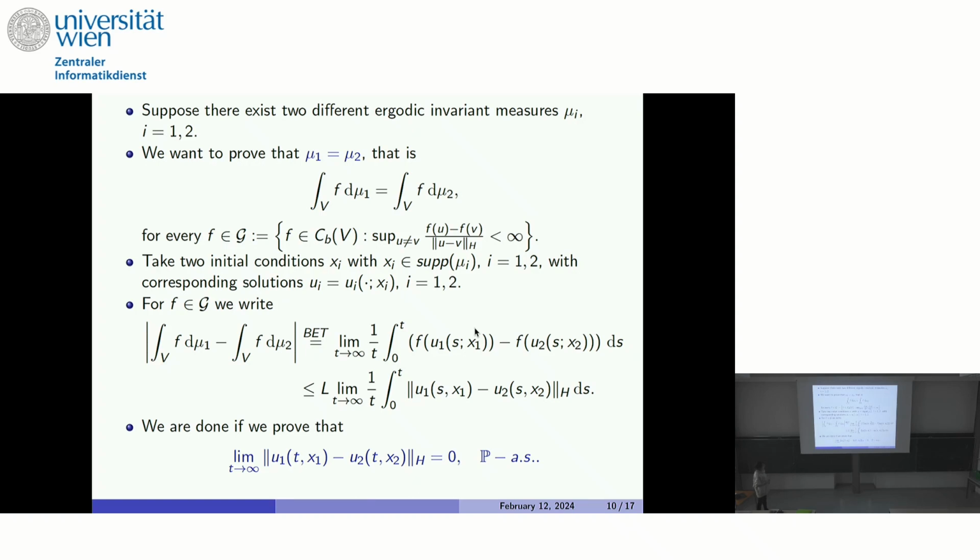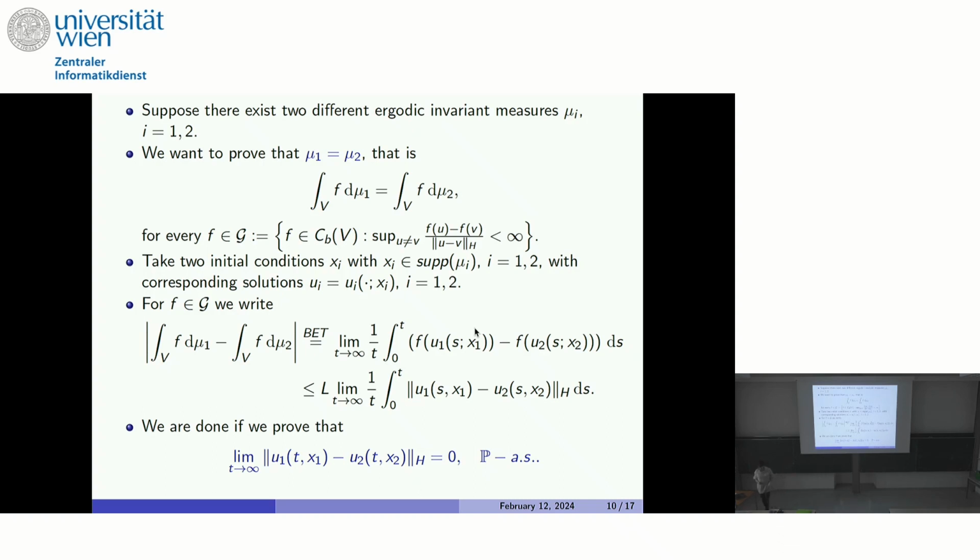If I consider a function in a suitable determining set, then it will be enough to prove that the integral of f with respect to the first invariant measure is equal to the integral of f with respect to the second invariant measure. And as a determining set, we consider all the continuous bounded functions on V which are Lipschitz, not with respect to the V norm, but with respect to the H norm.